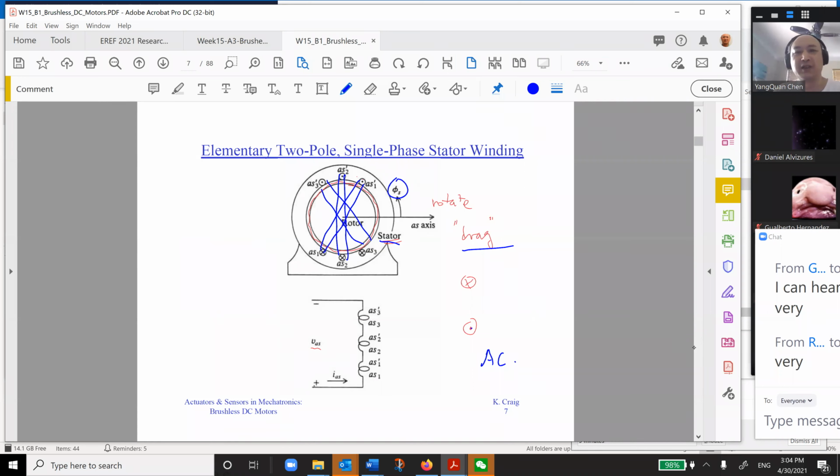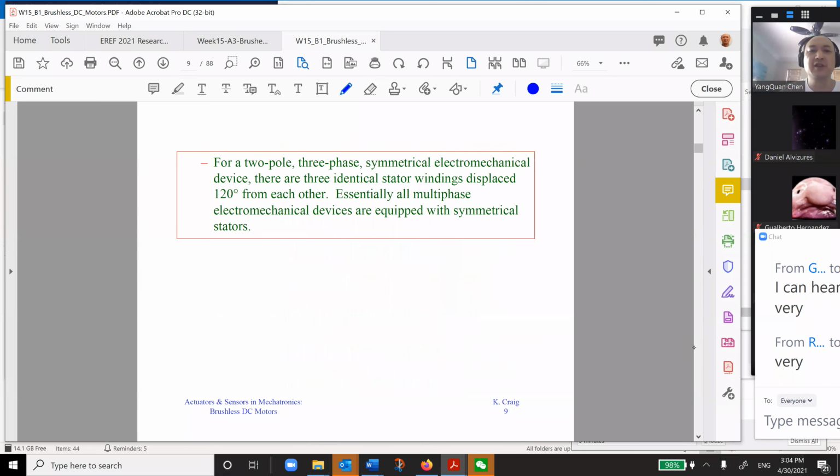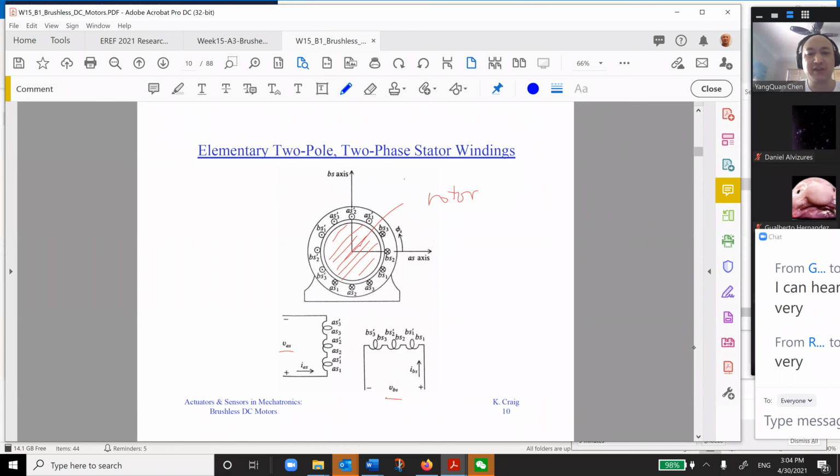Let me go back to the 2-pole single phase. You have two parts, one on this side and one on this side. By getting the alternating current inside, your magnetic field is changing and rotating as well. So the magnetic field is time varying. You can also make this 2 phases in the stator winding, and you can also get a rotating magnetic field.